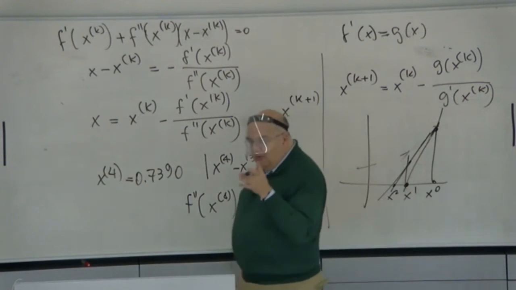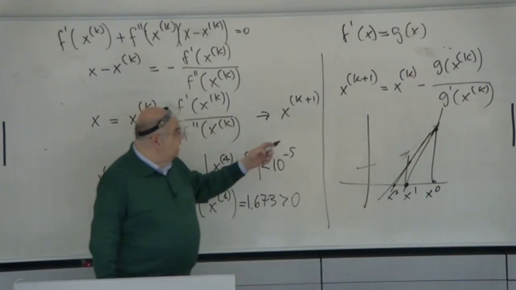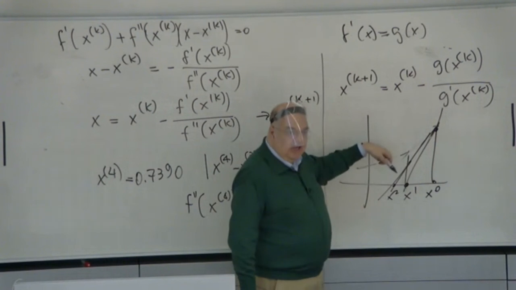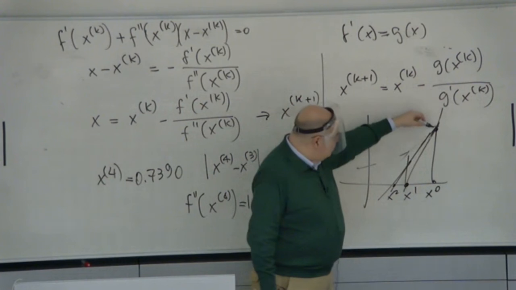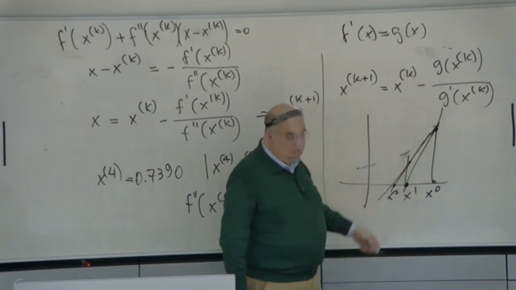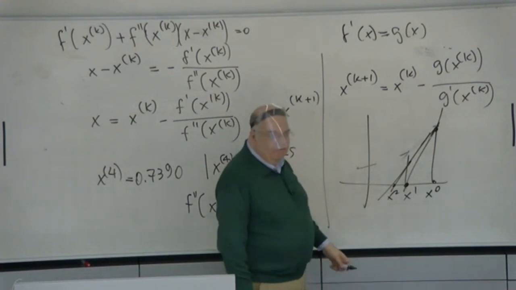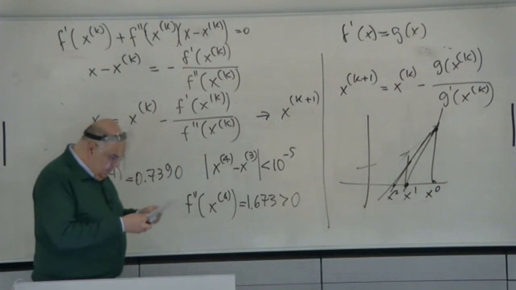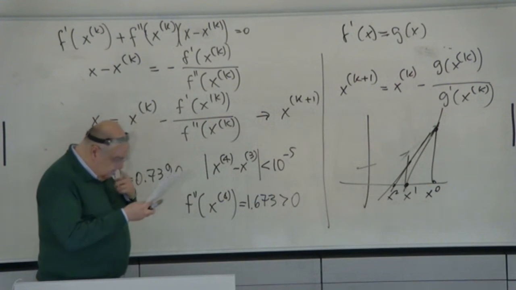You move following the tangent. And if you do the math here, this is exactly the equation of the tangent line at the point x0, g of x0. So that is another way to look at the same thing.